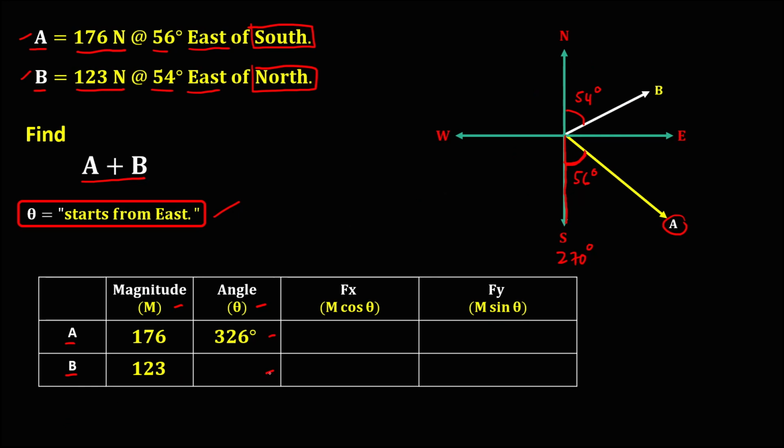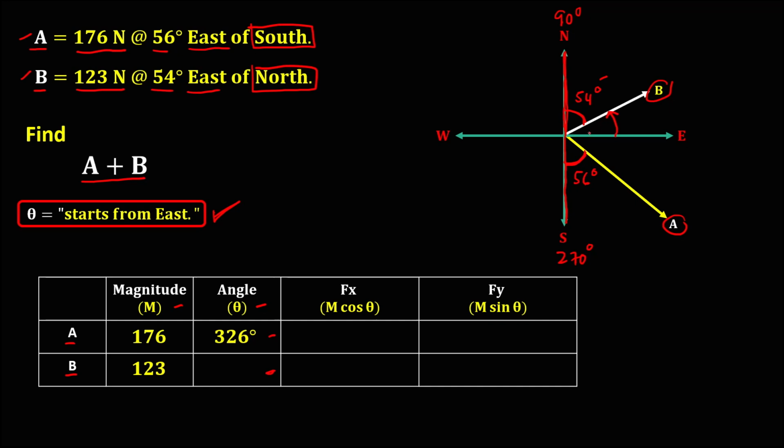Then this time to find theta for vector B. Observe that this angle touches this quadrant, and this one is 90 degrees. Again, theta starts from east. So from east to vector B, observe that this given angle is outside the rotation.